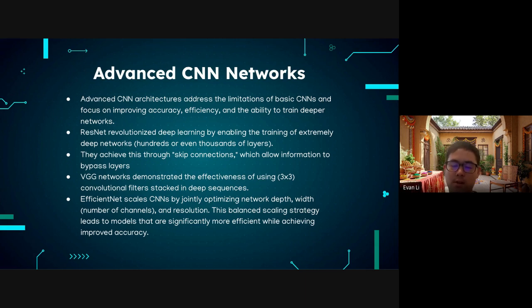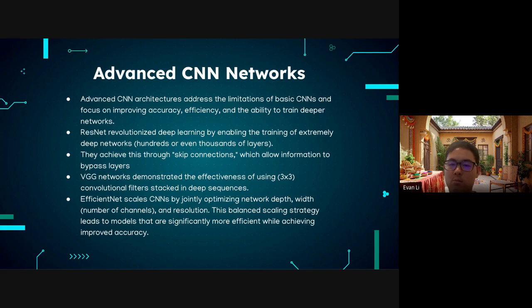The key innovation in ResNet is the introduction of skip connections, also known as residual connections. These connections allow information to bypass one or more layers in the network, creating shortcut pathways for gradients to flow more easily during training.